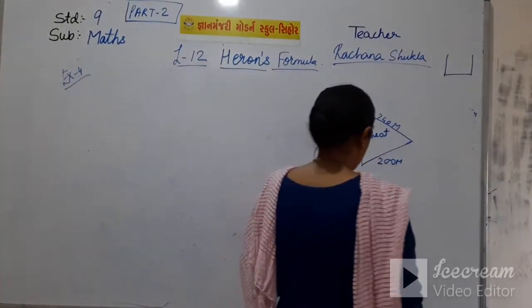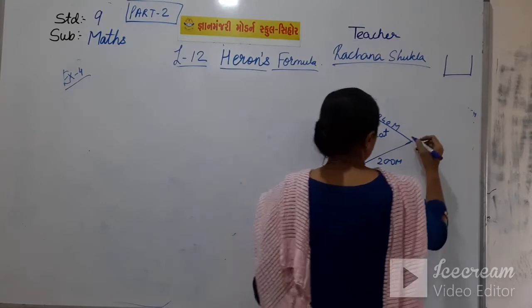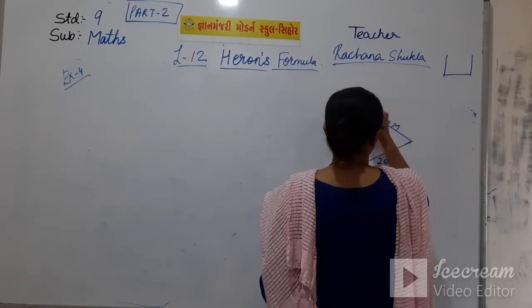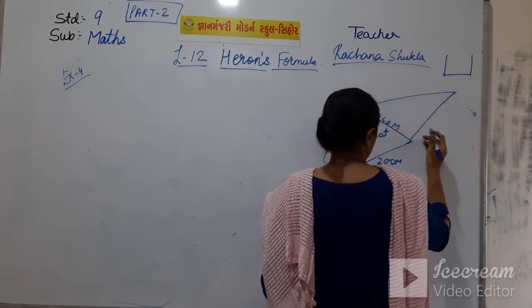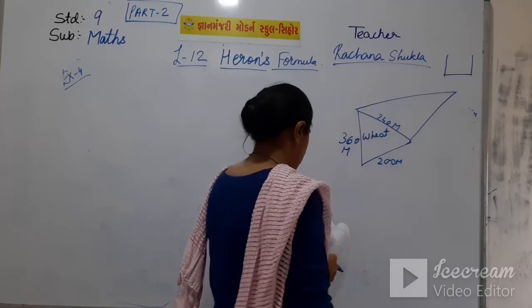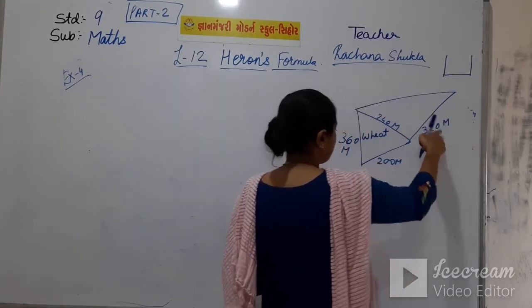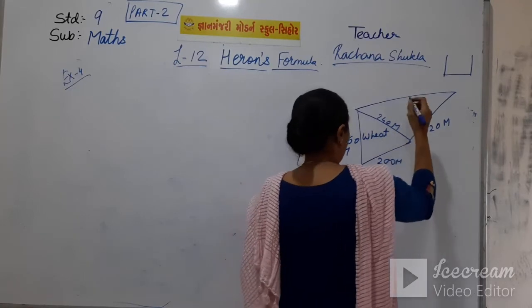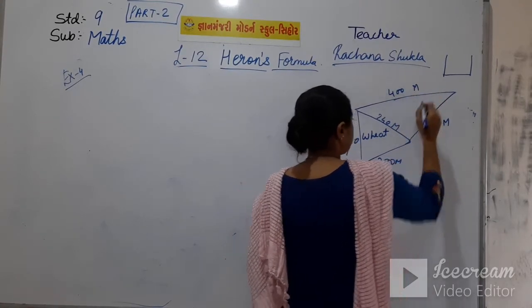So let's draw another field. This is the adjacent field and its sides are 320 meter, 240 meter and 400 meter.